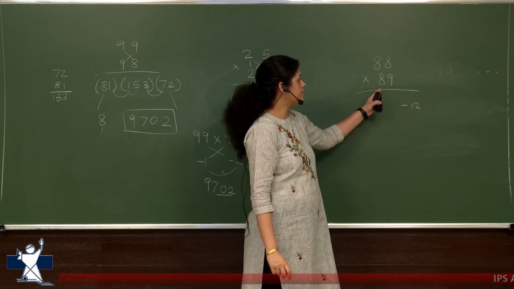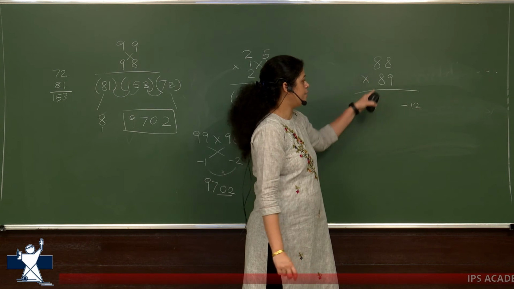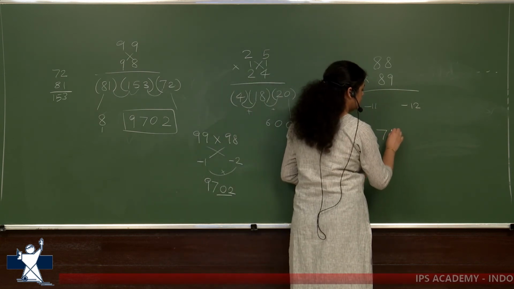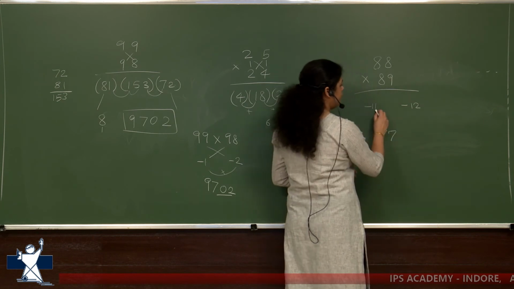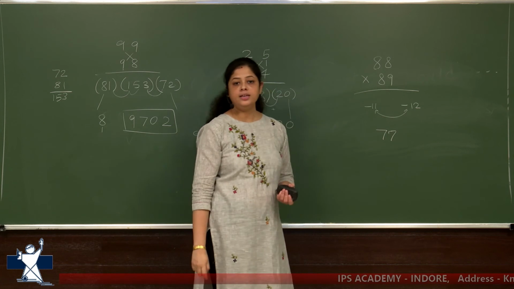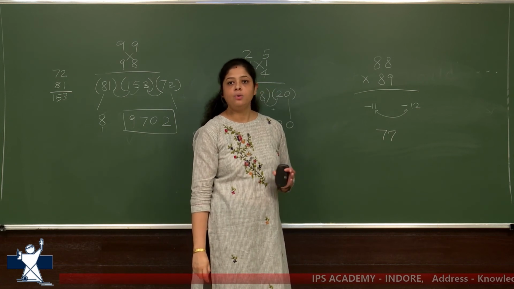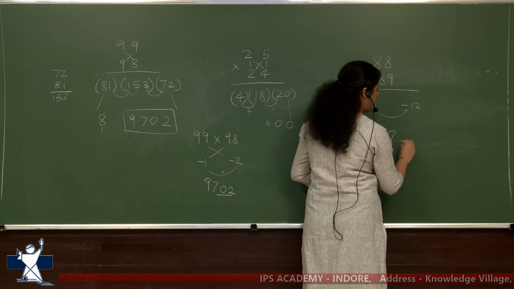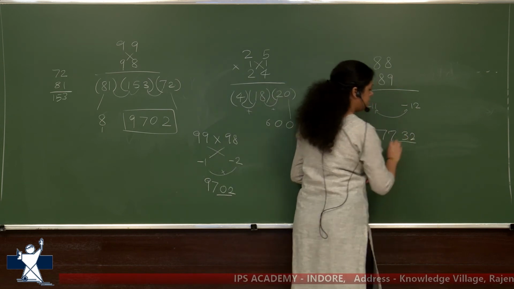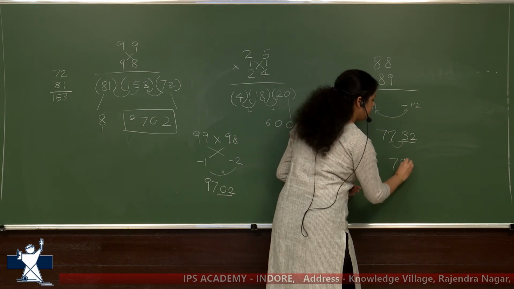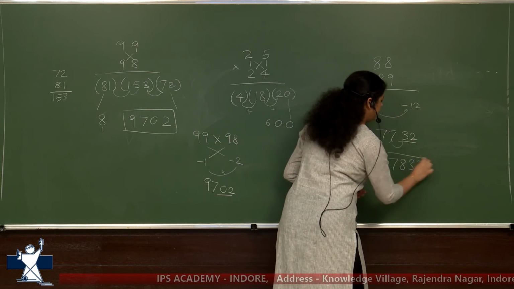So diagonally अगर subtract करेंगे तो 88 minus 11 we get 77 is the first part of our answer. Second part we get by multiplying 11 and 12. Minus 11 into minus 12 is 132. Right? So we will write only last two digits, 32, and 1 will be carried over to this. So final answer will be 7832.